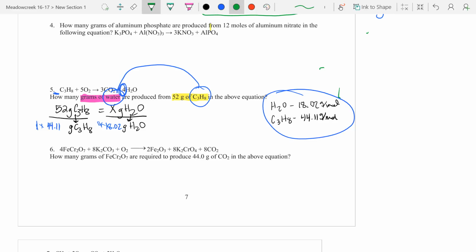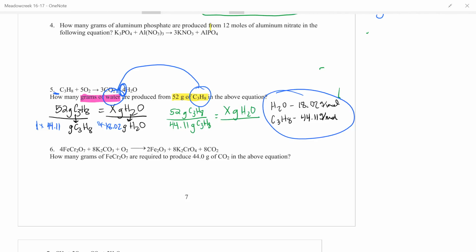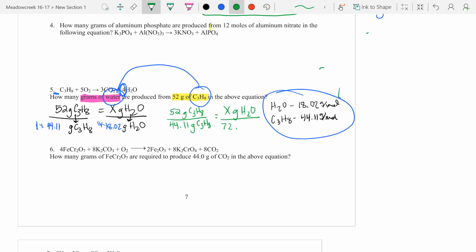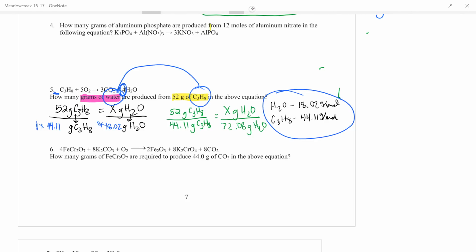So when I simplify this problem, I'll have 52 grams of C3H8 on the top divided by 44.11 grams of C3H8, and I set it equal to X grams of H2O divided by 4 times 18.02. So when I do that in my calculator, I get 72.08 grams of H2O. And all that's left to do is cross multiply.